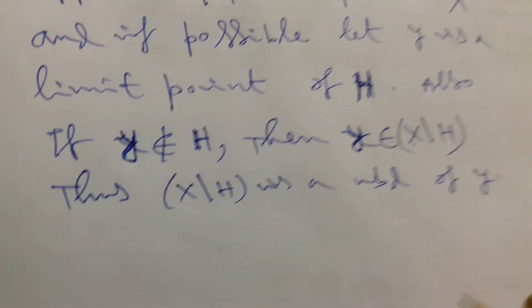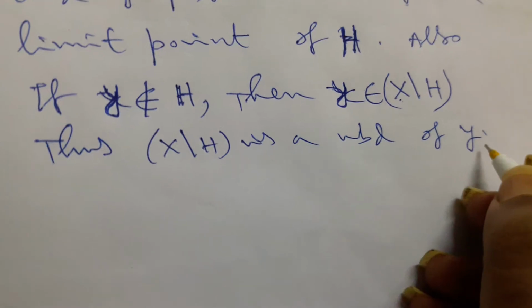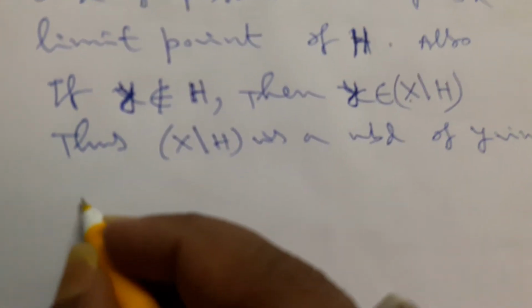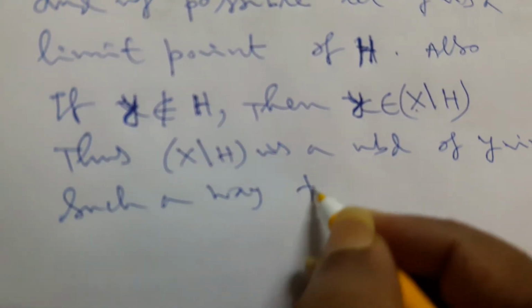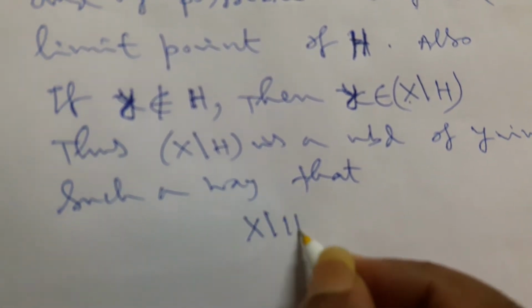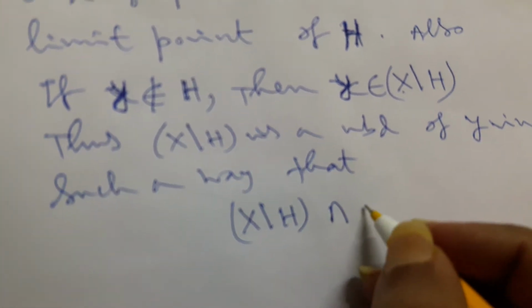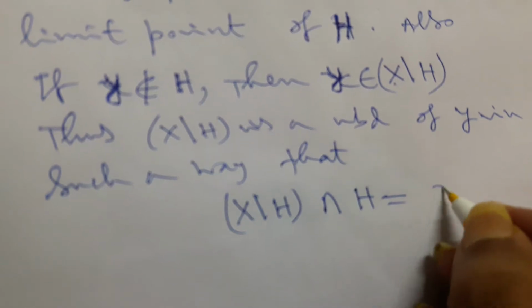We take a neighborhood of y in such a way that the intersection of X minus H with H is equal to phi.